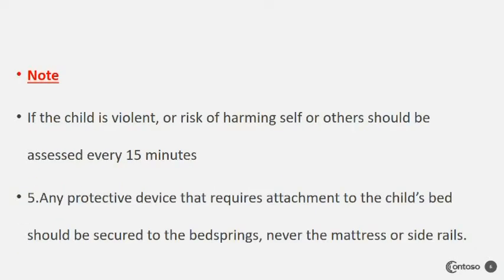Note: if the child is violent or at risk of harming self or others, they should be assessed every 15 minutes. Number 5. Any protective device that requires attachment to the child's bed should be secured to the bed springs, never the mattress or side rail.